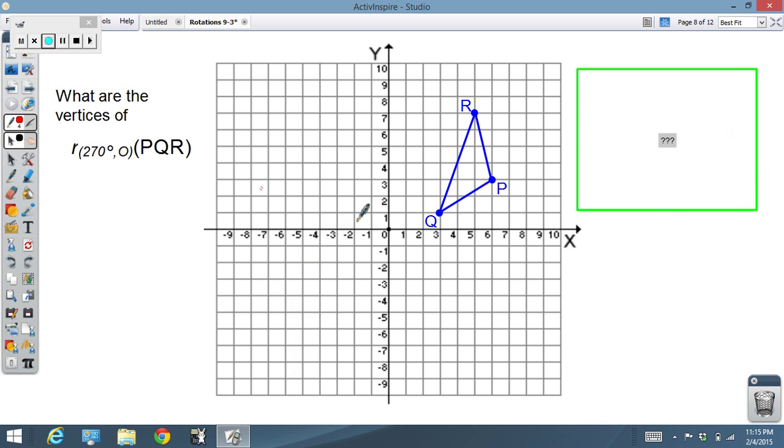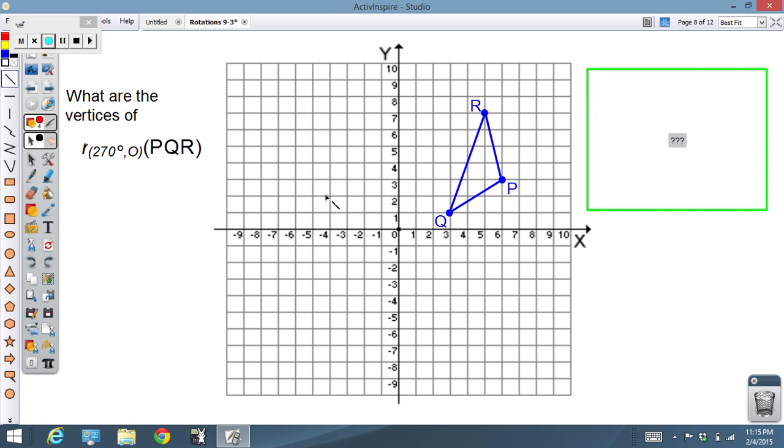For 270, we could go through the same argument. I'm going to go this way, make a line, only now 270 degrees has me moving perpendicular down to here. There's Q prime, and P prime will end up down here, and R prime will end up over here.